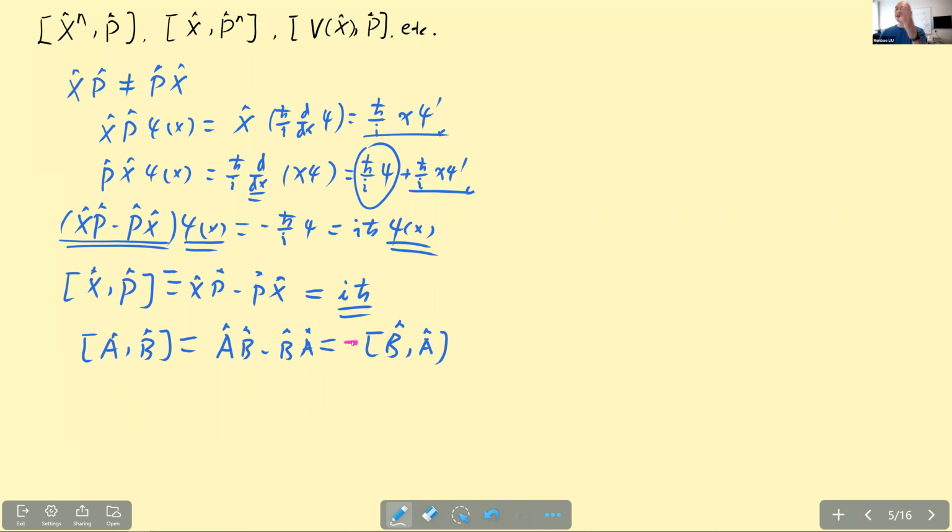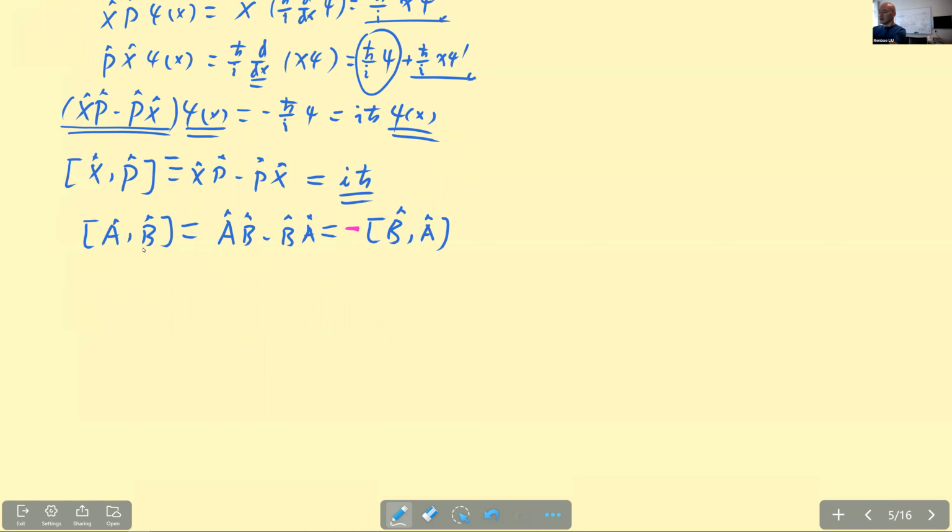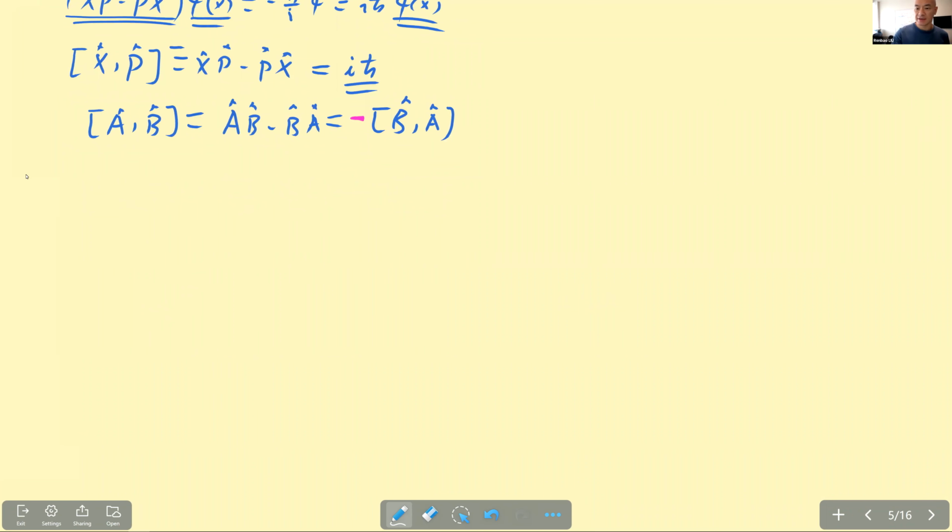To get more familiar with this, let's try to evaluate a few commutators like this one, 1, and 2, this one, and 3, just as examples. Let's consider example 1. What's the commutator between x to the nth power and the p operator?